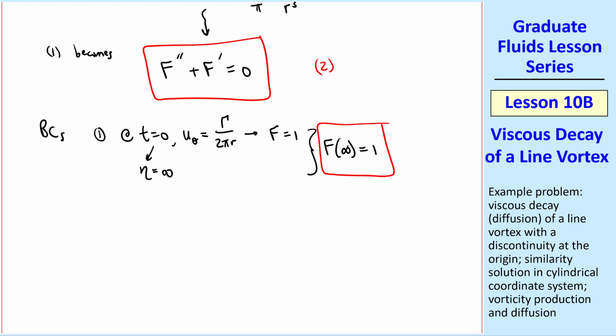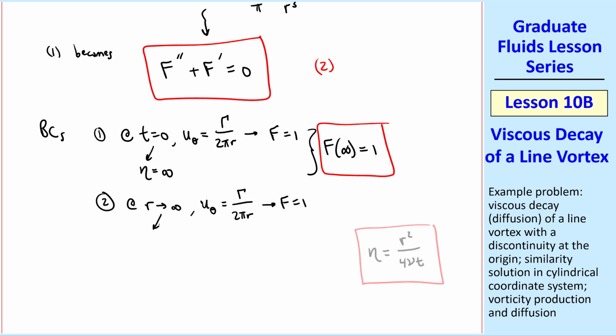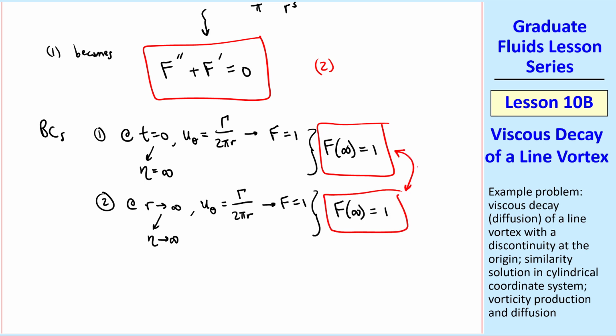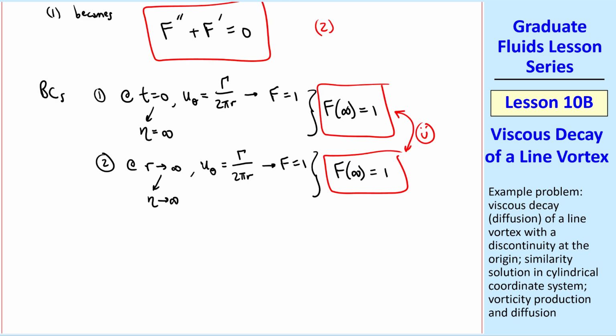That's our first boundary condition. Our second boundary condition, as r goes to infinity, u theta is gamma over 2 pi r, which again gives f equals 1, and since r is in the numerator of eta, this also has eta going to infinity. Thus, f of infinity is 1. These two match, which is what we always like to see in a similarity solution.